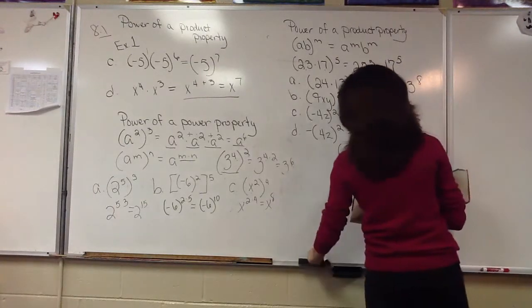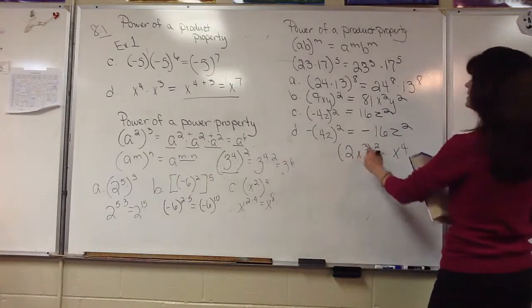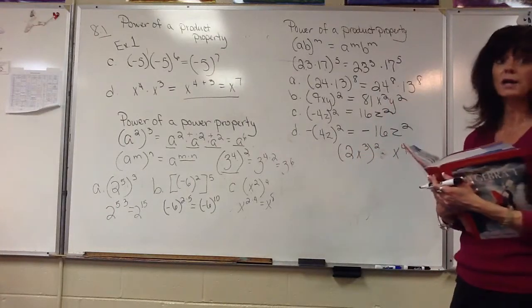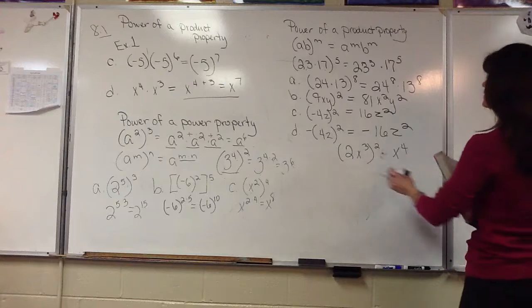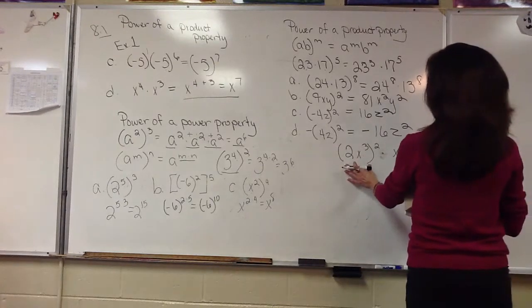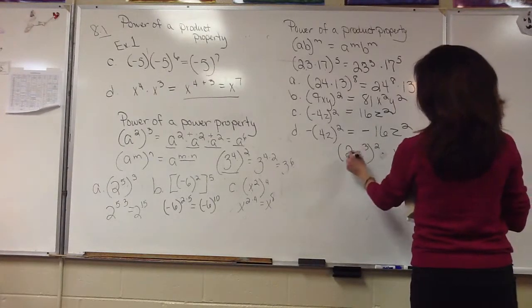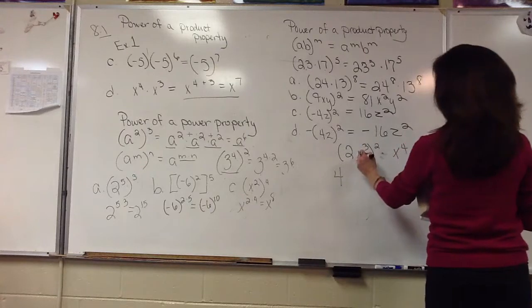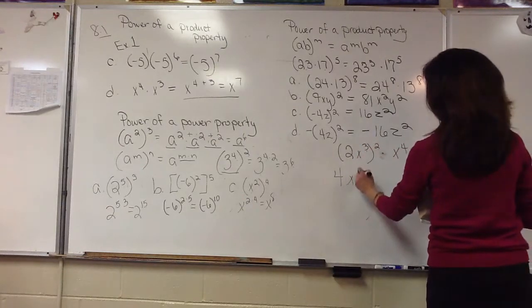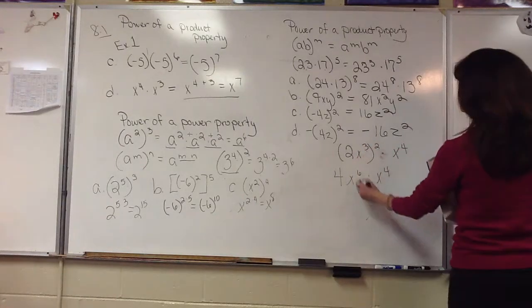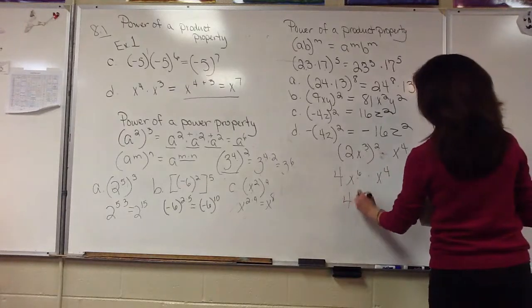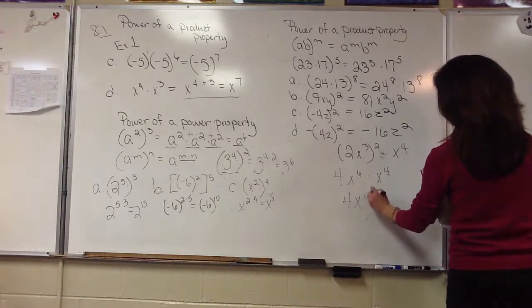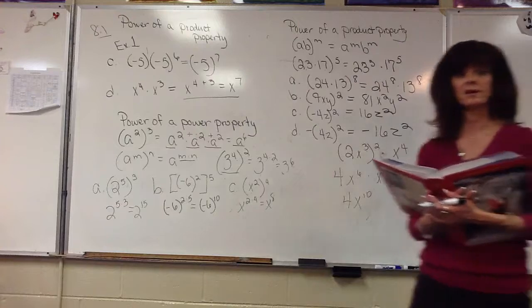Here we're actually using the power of a power property, and then we're going to use the power of a product property in order to solve this. So we're going to say that would be 4x to the 3 times 2, x to the 6th times x to the 4th. Add your exponents. 6 plus 4 is 10, and your answer would be 4x to the 10th.